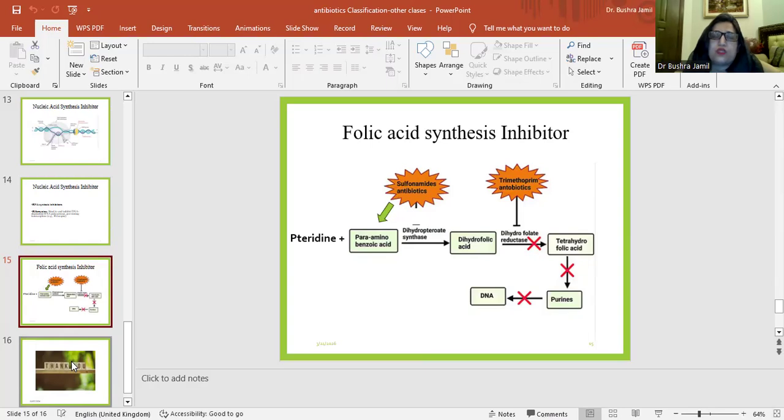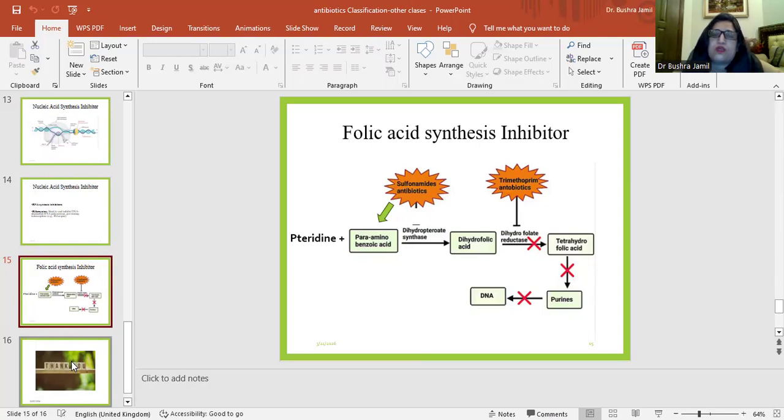So with dihydropteroate synthetase, instead of taking the PABA, sulfonamides occupy the pocket of that enzyme, and the first step of folic acid synthesis is thus inhibited. Whereas trimethoprim inhibits dihydrofolate reductase, so it interferes with the second step of folic acid synthesis.